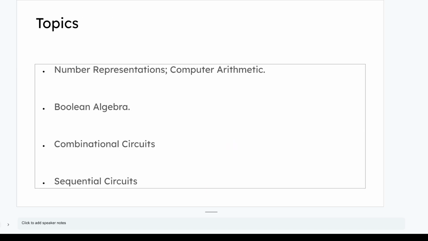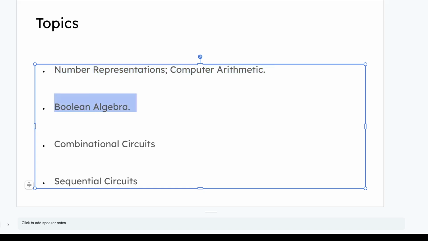Then the topics that we cover under this course are majorly these. We have data and we want to represent data in computer systems. For that, we should have proper clarity on number representations. Then once we have represented the data, we want to perform manipulations. For that, computer arithmetic. Then next is Boolean algebra. This serves as the tool for developing combinational and sequential circuits.